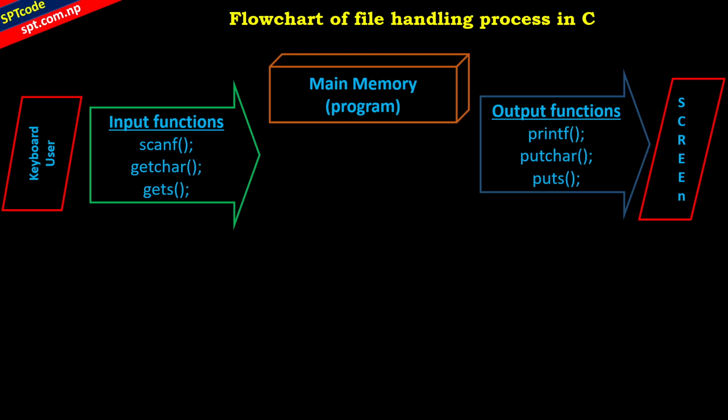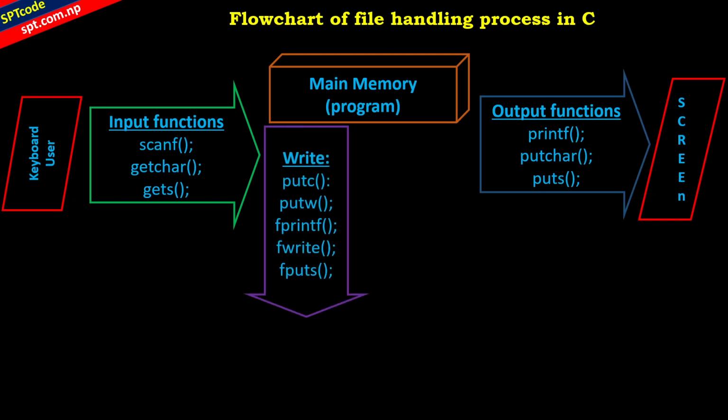So now we are going to talk about a separate file that is created with a particular name in our secondary memory, so that we can reuse it frequently in the future. That concept is file handling. We have some different functions like putc, putw, printf, fwrite, puts.